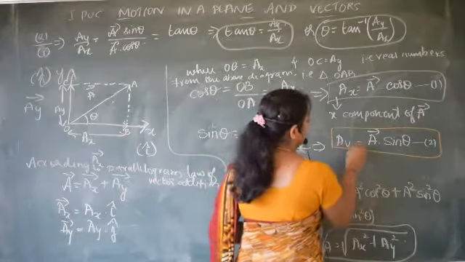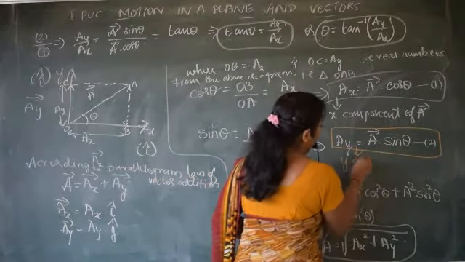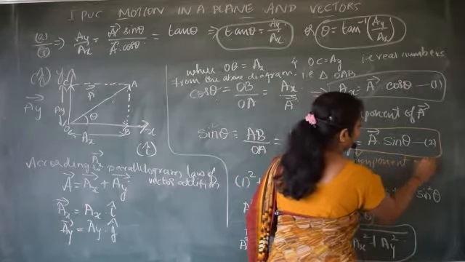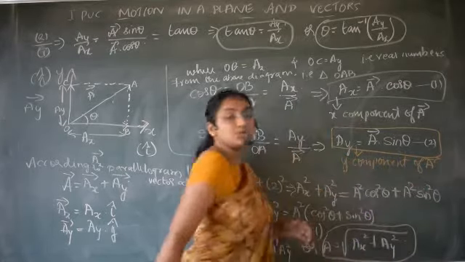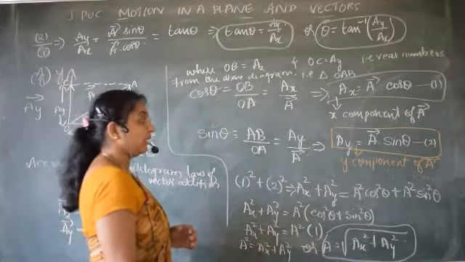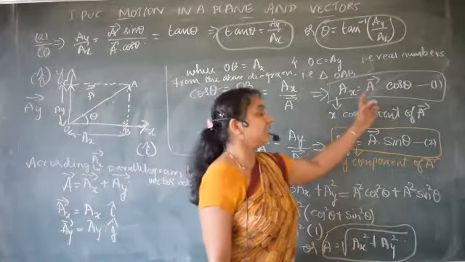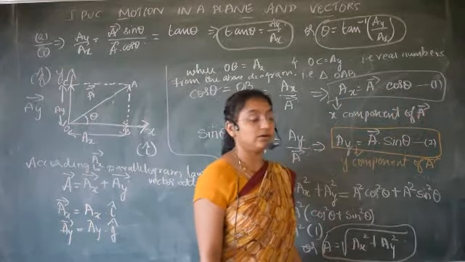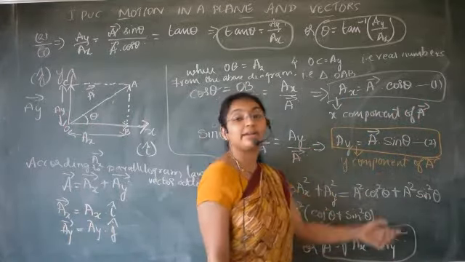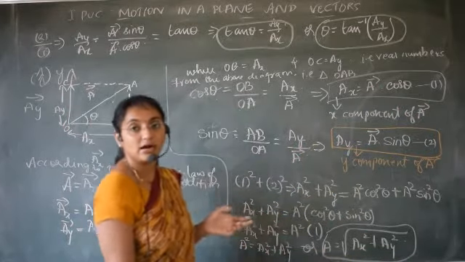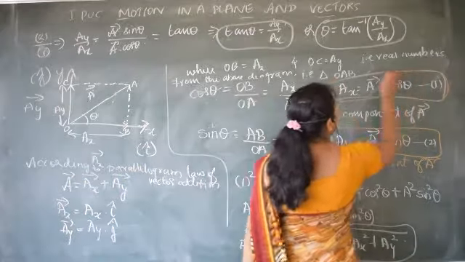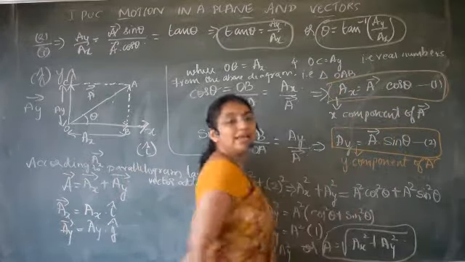This is called the y component of vector A. For 1 mark there is a possibility of being asked to write the x component of vector A, then you have to write Ax is equal to A cos theta. If they ask for the y component of vector A, then you have to write Ay is equal to A sin theta. Understood? So these are the two expressions for the x component and y component.